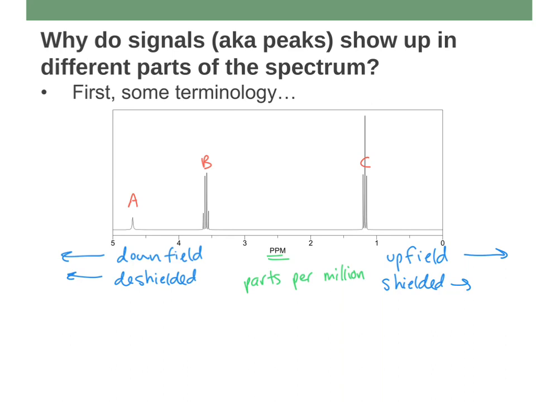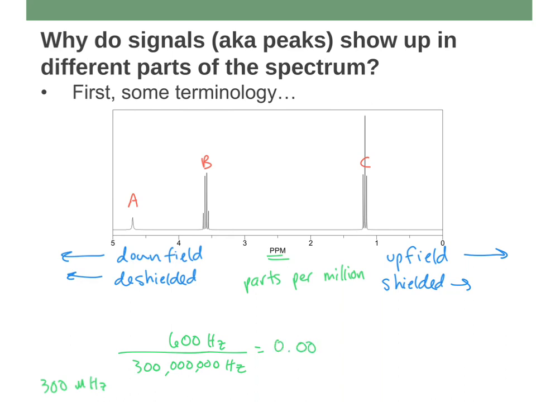This is not meant for spectroscopy classes or spectroscopy students. But let's say, for example, you are using a 300 megahertz instrument. That means that the field that you're in is 300 times 10 to the 6, so 1, 2, 3, 4, 5, 6 hertz. But the radio frequency pulse that you might use might be 600 hertz for a given signal. And so if you divide those out, you're going to get a really small number.